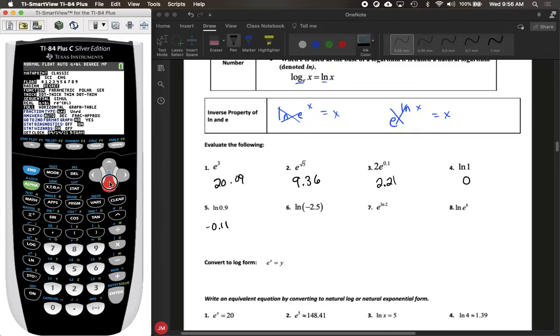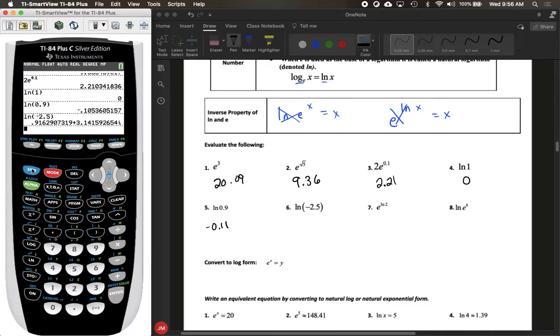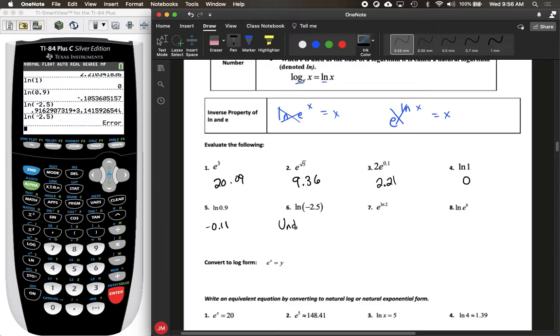Otherwise, what you will most likely see, if your calculator is not in complex numbers mode, if it's in real mode, is that when you type in the natural log of negative 2.5, you're going to get an error message telling you it's a non-real answer, which we already kind of know, because the last time we typed it in, in complex mode, we did get a complex number, which is not a real number. And so in this case, what we're going to write is not error, we're going to write that it's undefined.